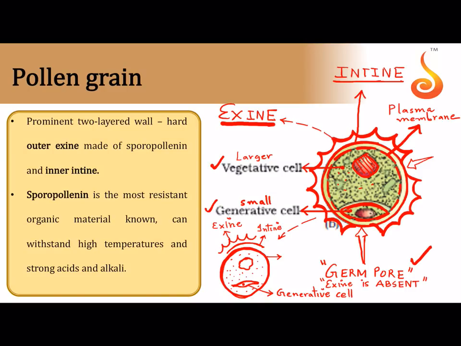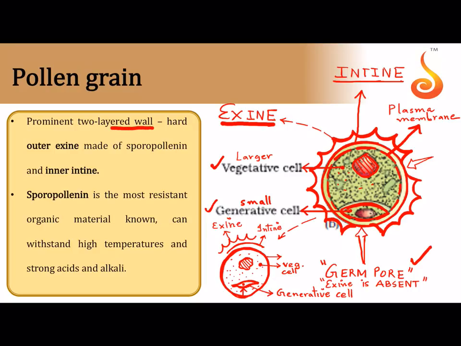So in the later stages, the generative cell which was sitting on one side will get detached, and it will start floating in the cytoplasm of the vegetative cell. So this is the cytoplasm of the vegetative cell. Okay, and then you can see how the generative cell is freely floating inside the cytoplasm of the vegetative cell.